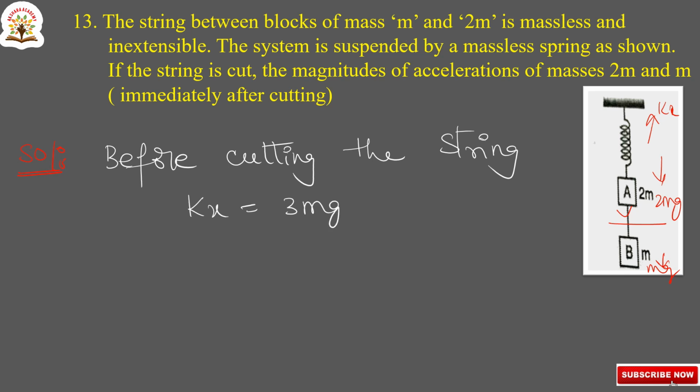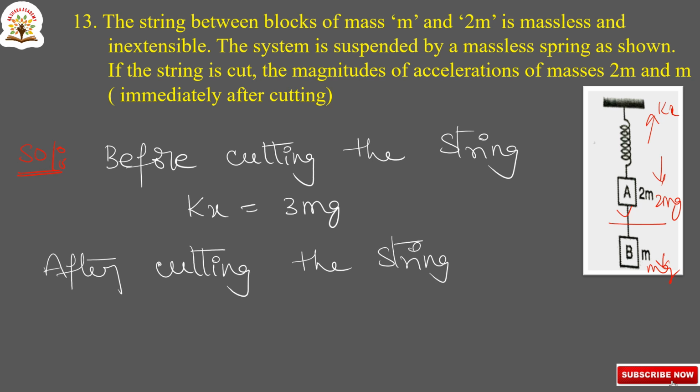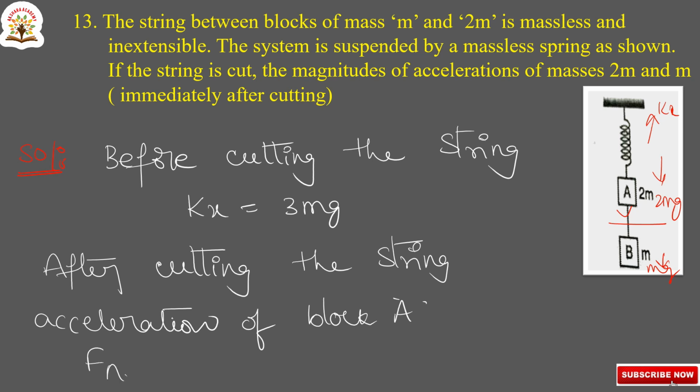So after cutting the string, consider the acceleration of block A. F net is equal to kx minus 2mg.